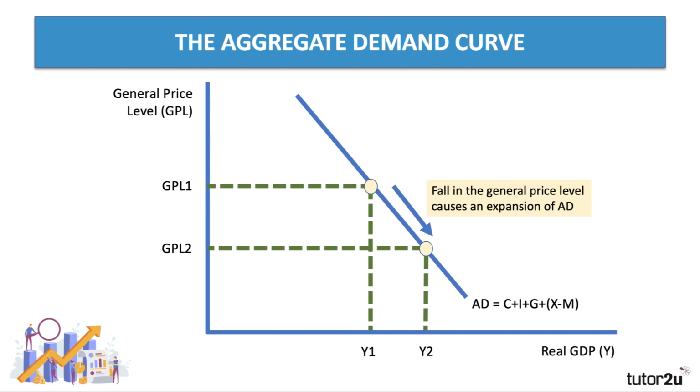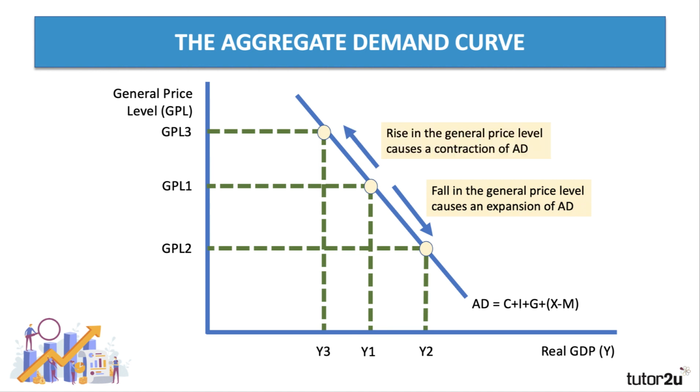We move down the AD curve. Conversely, if the price level was to go up to GPL3, if prices overall were to be higher, that would cause us to move up the demand curve, causing a contraction of aggregate demand.